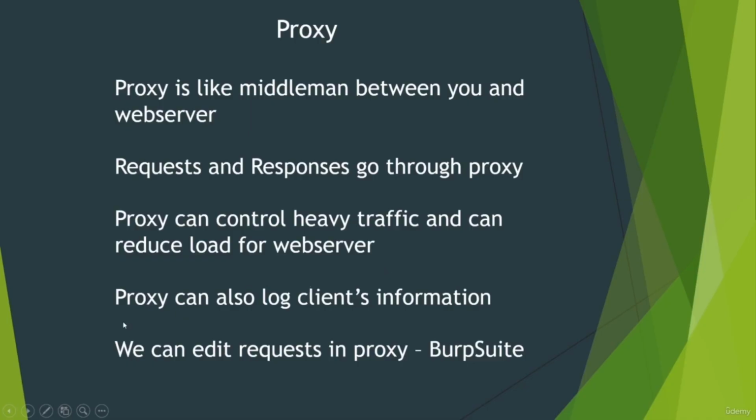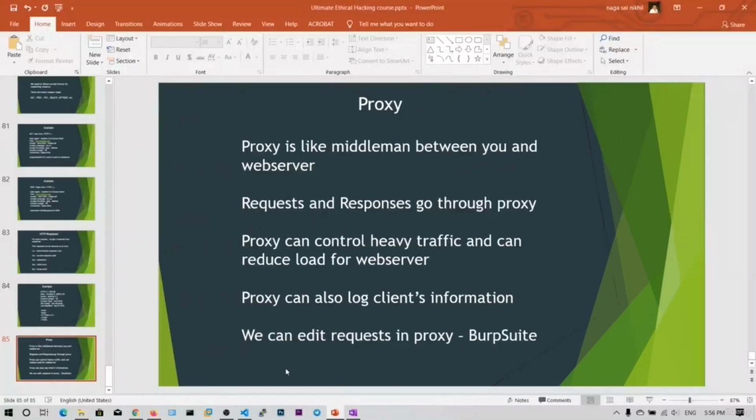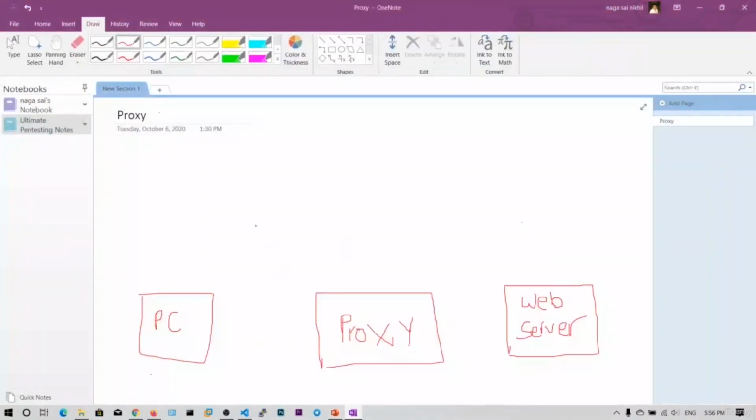In the web app pen testing section, we will use a proxy called Burp Suite. We can edit these requests in the proxy. So I will show you a diagram. Welcome to my drawing class. This is my PC, this is the proxy server, and this is the web server.